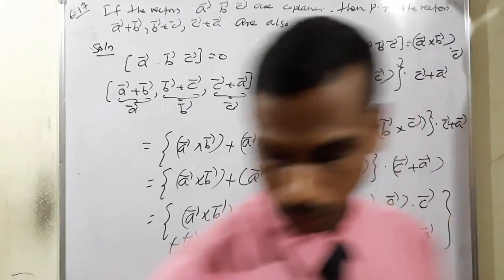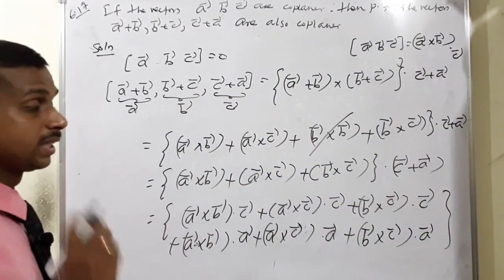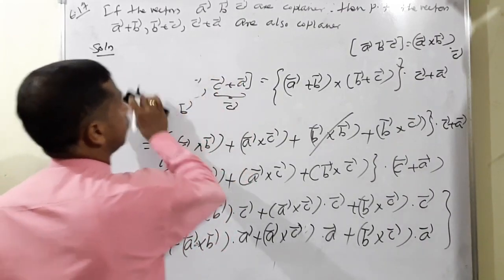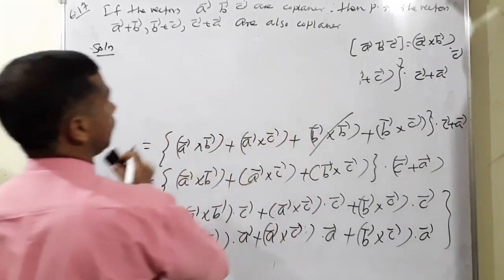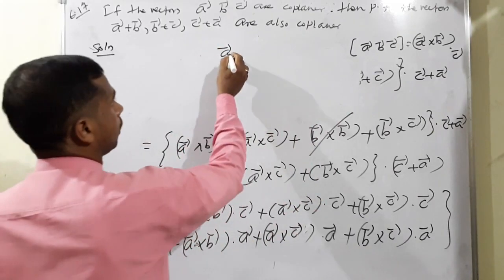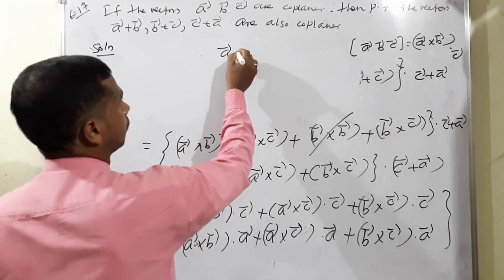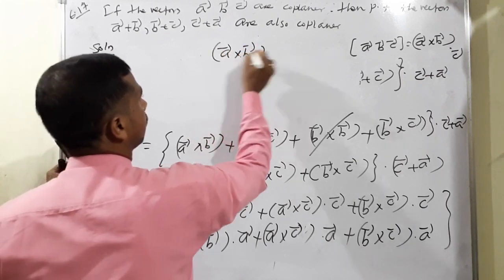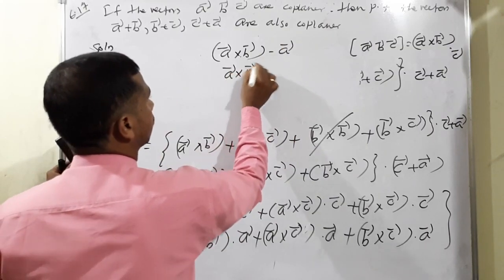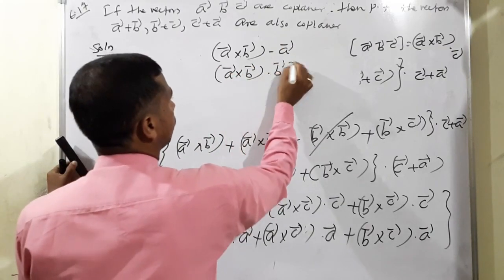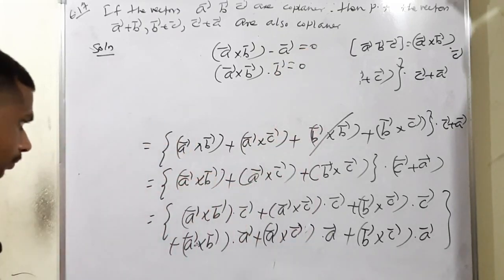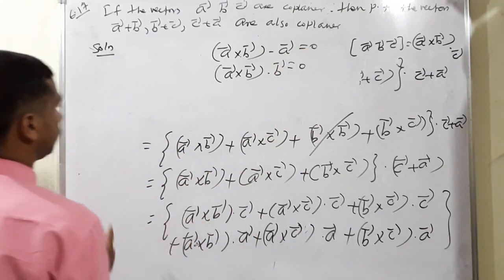Now we already know from theorem 6.4 that A vector cross B vector dot A vector, as well as A vector cross B vector dot B vector, is equal to 0, isn't it?